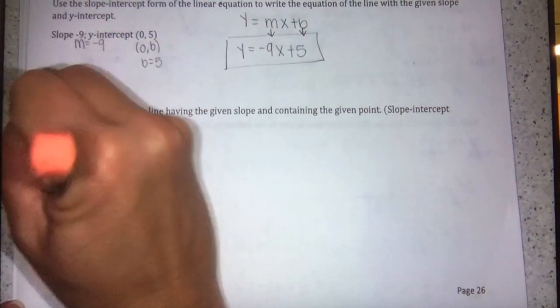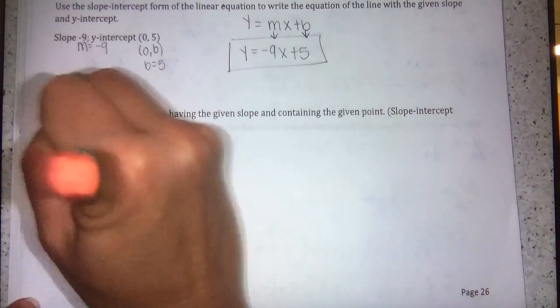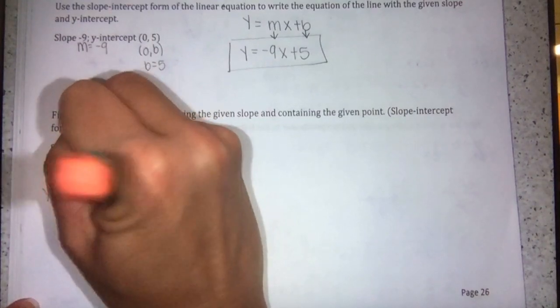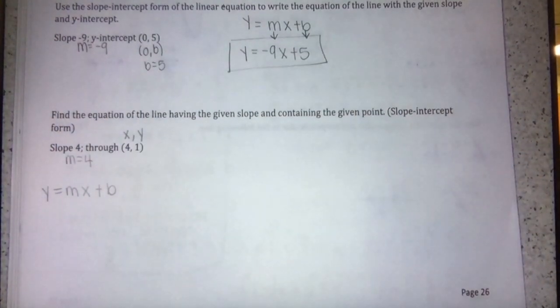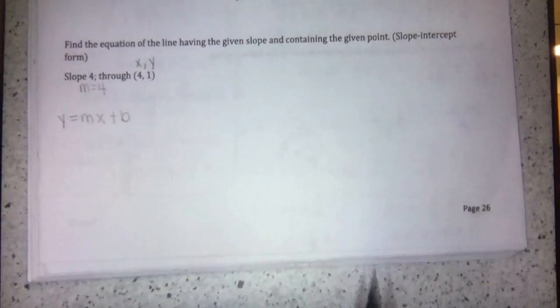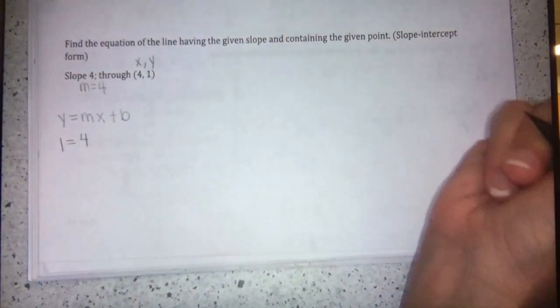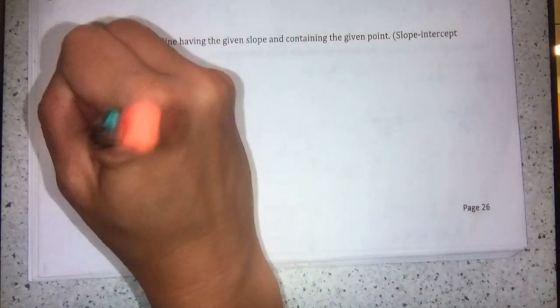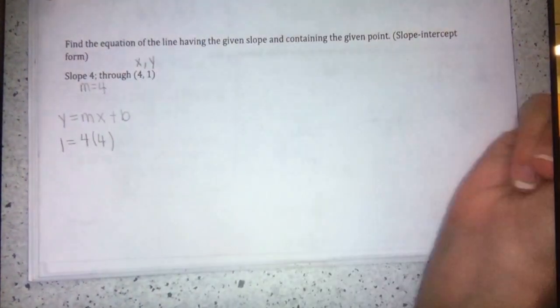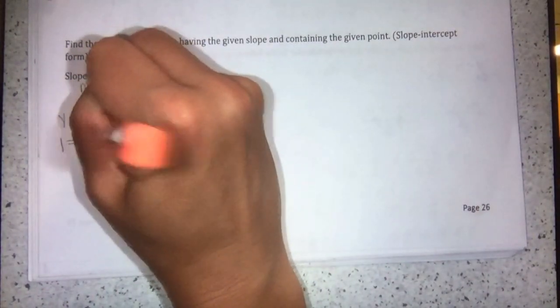So let's plug what we know into our slope-intercept form, which is y equals mx plus b. They gave us a y value of +1. They told us our slope, our m value, is 4. Our x value that they gave us is +4. And I don't know b, so plus b.